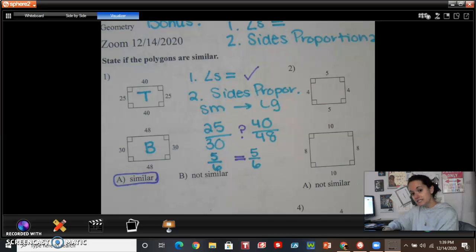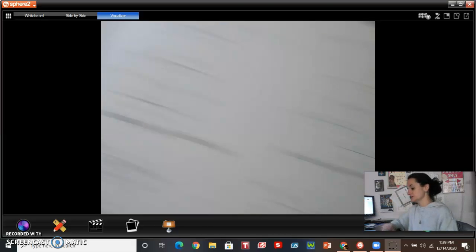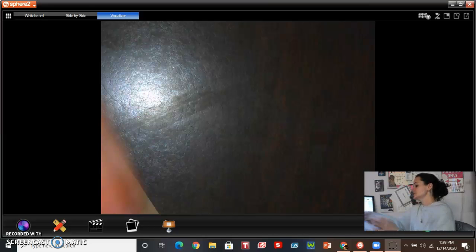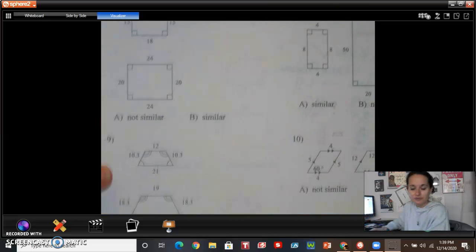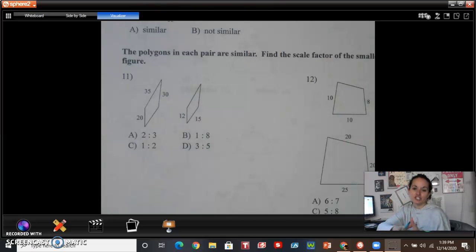Now, for your next 10 and the last 10 on the bonus point assignment from Zoom, it's wanting you to find the scale factor. Just a reminder, scale factors are the numbers that represent the relationship between the 2 figures. One of the best examples of what scale factors are used for is to relate very, very large items, but making them to where they can be in your hand.